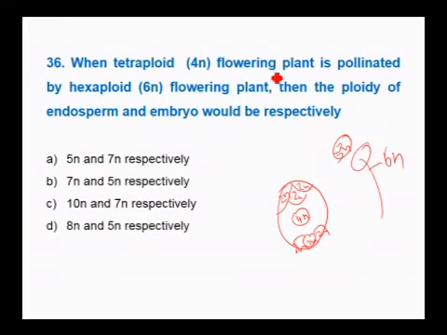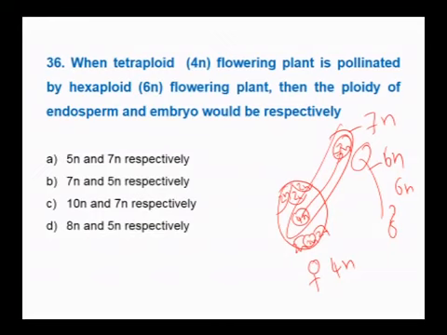When a tetraploid flowering plant is pollinated by a hexaploid plant, female is tetraploid, male is hexaploid. So half of this is 3N. Then the ploidy of the endosperm is 3N plus 4N, so this should be 7N, and the embryo is 3N plus 2N, this should be 5N, therefore the answer is this.